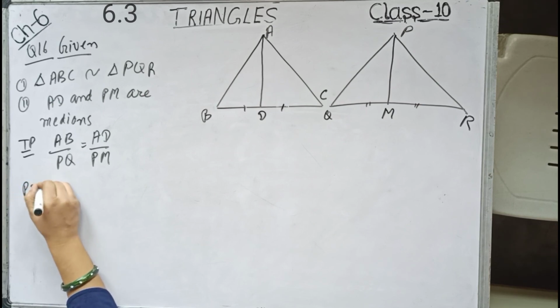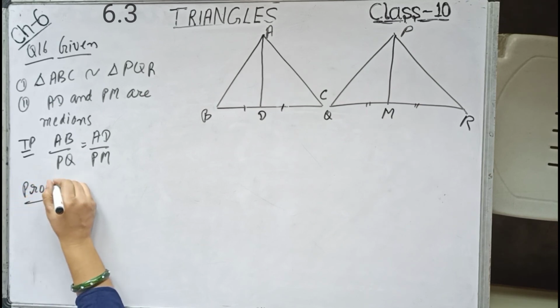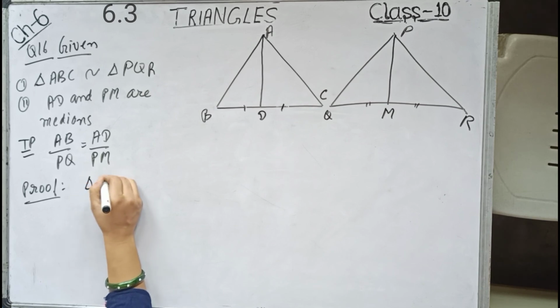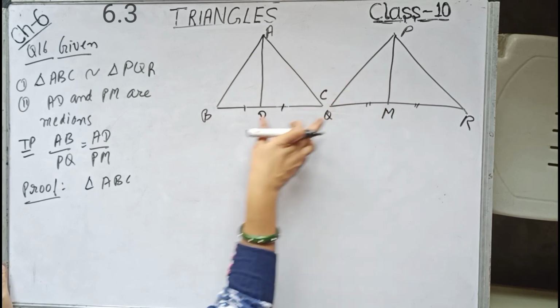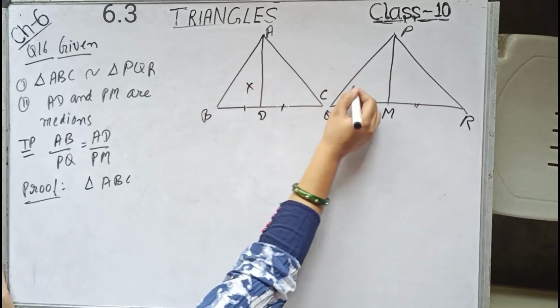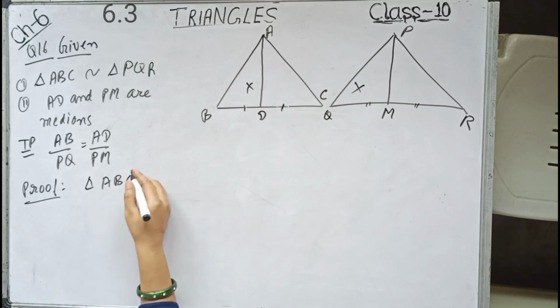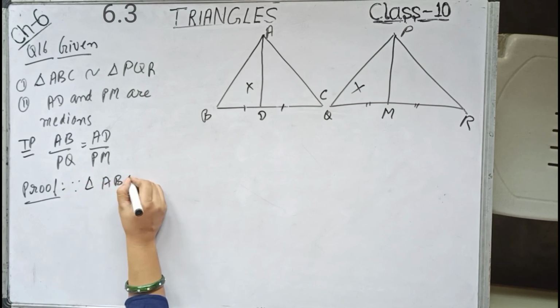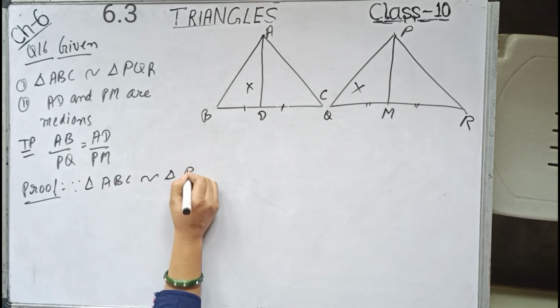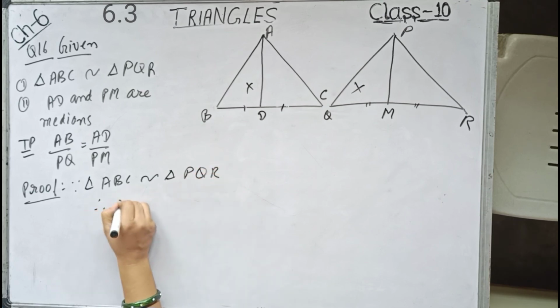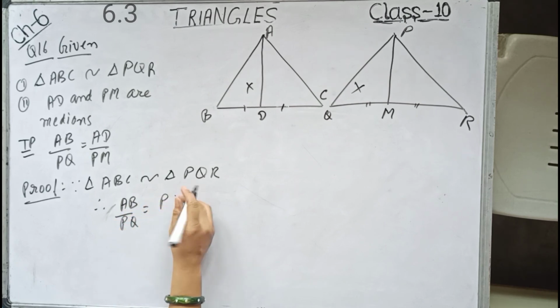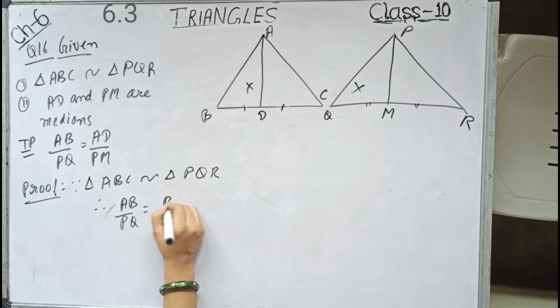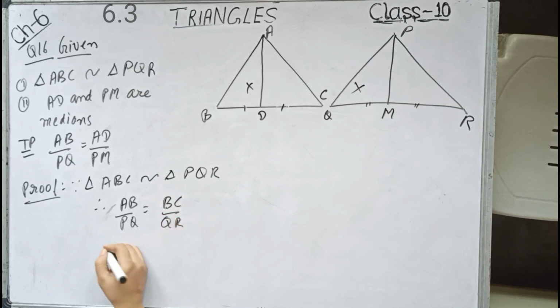So in the proof part, let us do proof. What we have to prove, children, keep in mind, we have to prove that AB by PQ equals AD by PM. So we have to prove these two triangles similar. So let us do that only. Since triangle ABC is similar to triangle PQR, therefore AB by PQ equals BC by QR.